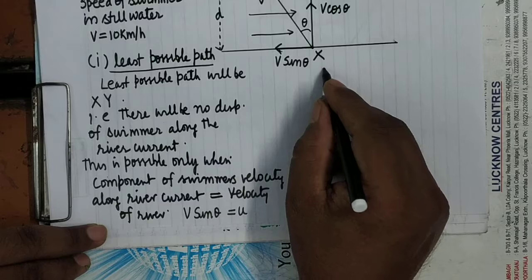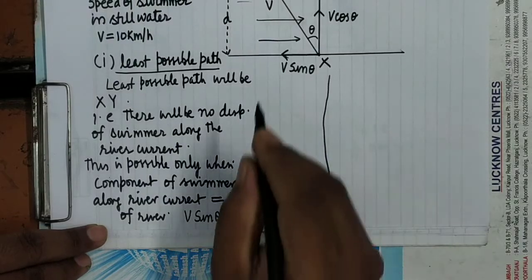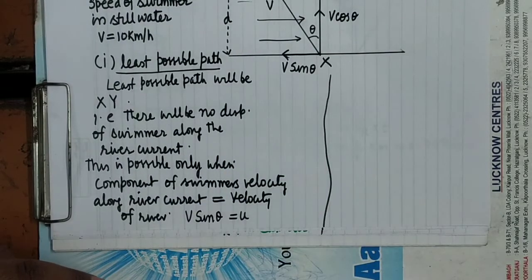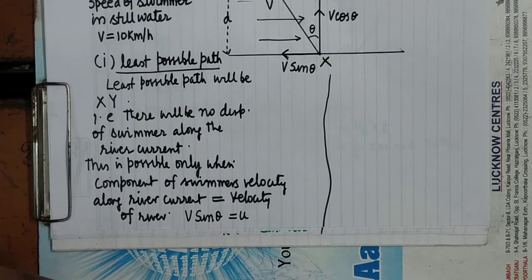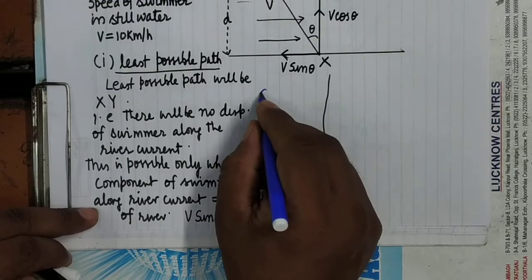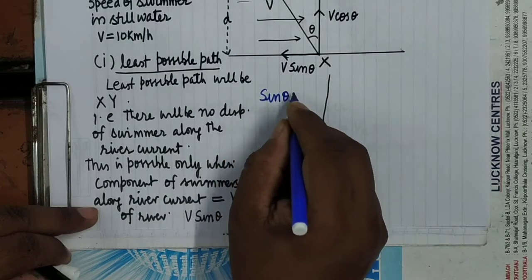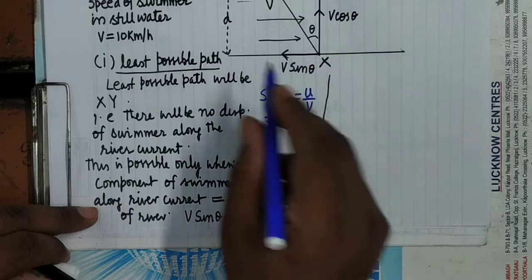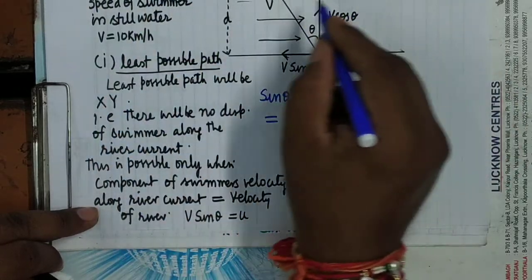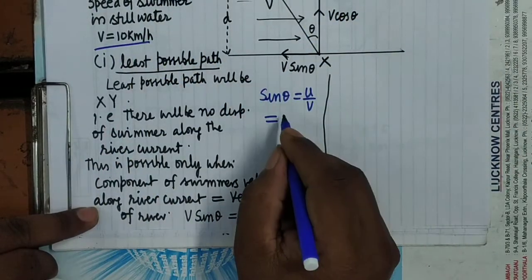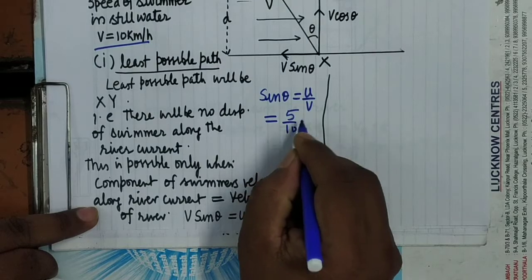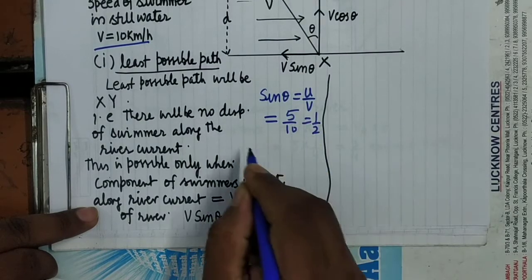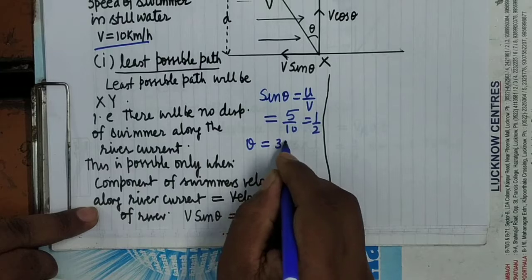So what will be sin theta? Sin theta will be equal to u upon v. What is u upon v? u is given as 5, v is given as 10. So it is 5 upon 10, that is equal to 1 upon 2. So theta will be equal to 30 degrees.